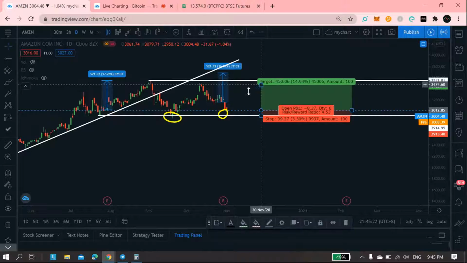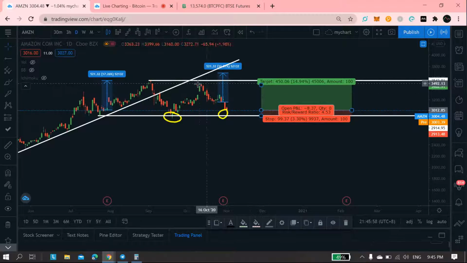So this is my possible target. Since this is a possible risk reward ratio of 4.53, I could possibly test buy on it and wait on my target around the 3,462 area. And I will put a stop loss at around the 2,900 area. So if I got stopped out, I could possibly lose around 3.30%.